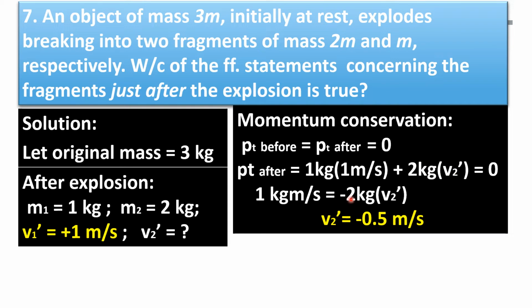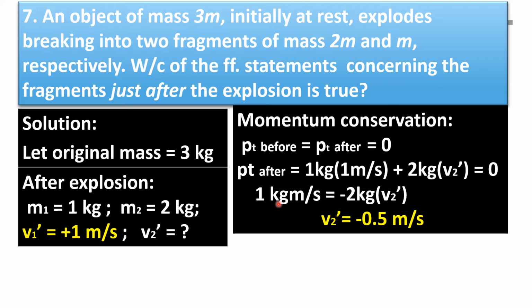Now it has a negative sign because what we did was put this on the other side of the equation. So this is now what's going to happen. Since we're looking for v2 prime, the final velocity of the bigger mass, what we normally do is divide both sides by negative 2 kilogram. The negative 2 kilogram on this side will just be cancelled, and that will give you the unknown variable v2 prime here.